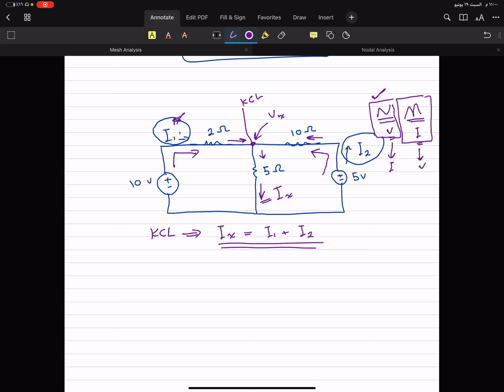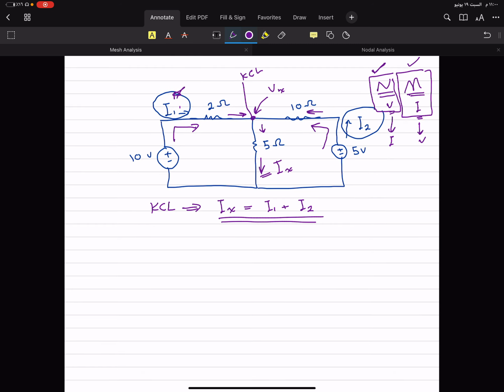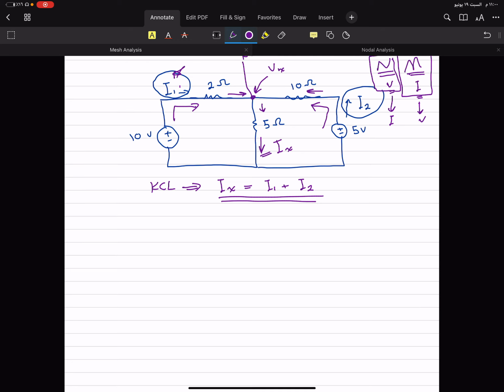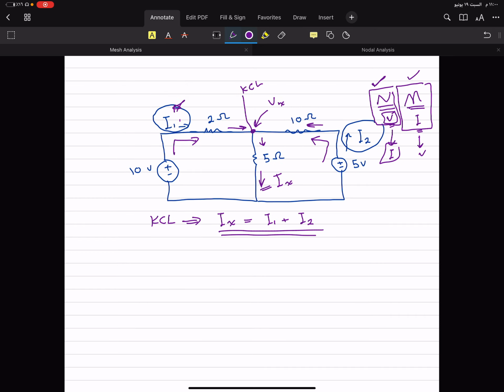If you are asked to find a current, it's better to use mesh currents. And as I said, sometimes in a problem, and this happens most of the time, you are asked to find a voltage and a current. Isn't that right? So in this way, you can use one of the two ways. In my opinion, if I'm in your shoes, I will see the circuit.